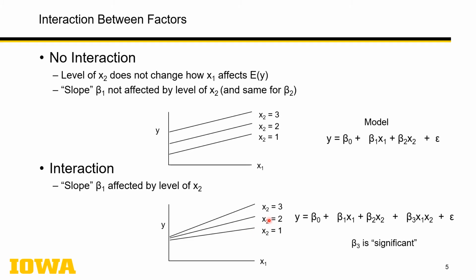And then we change x2, and now we see that how x1 influences y when it goes from low to high has changed. There's something about x2 now that is making the influence of x1 on y even more dramatic. It's increasing y even higher now simply because x2 is higher. So this is where interaction occurs. There is something going on there that is causing the increase in y associated with x1 to change with a level in x2.